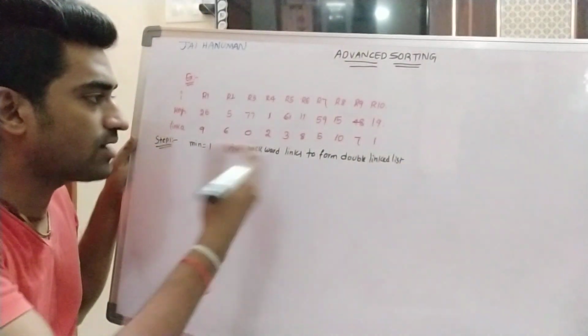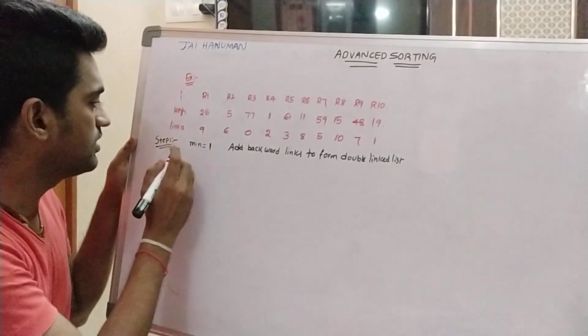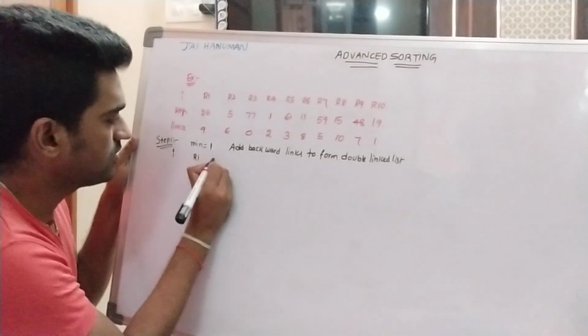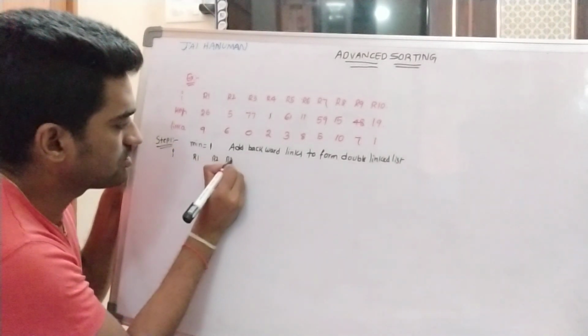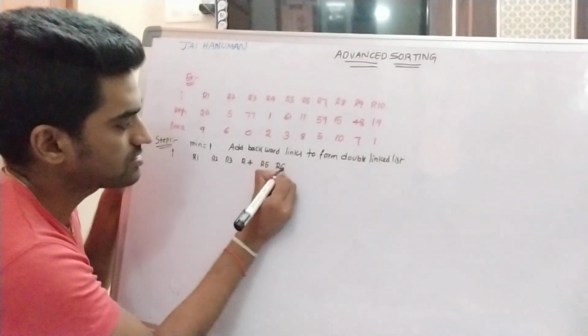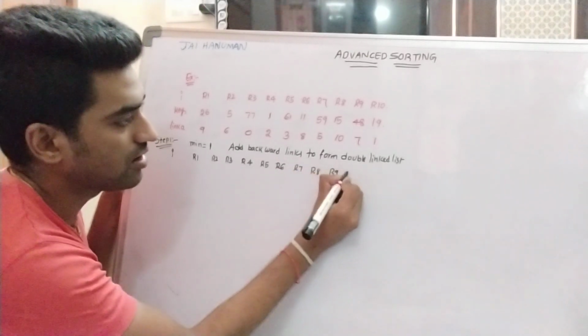How to add one more link to these elements? Here we have R1, R2, R3, R4, R5, R6, R7, R8, R9, R10.